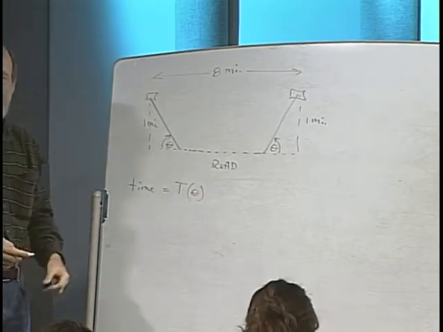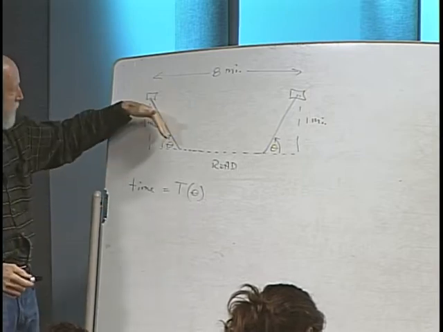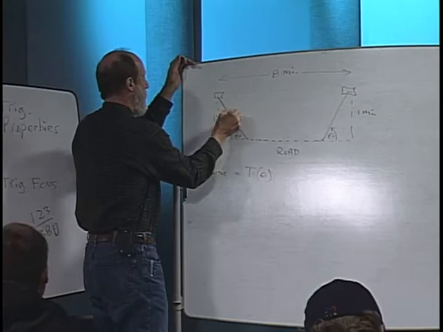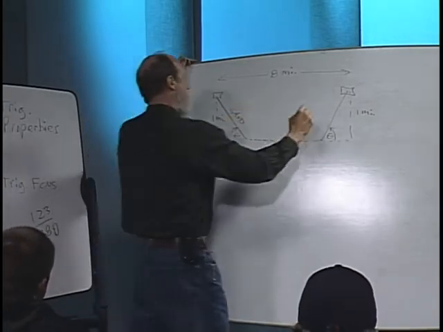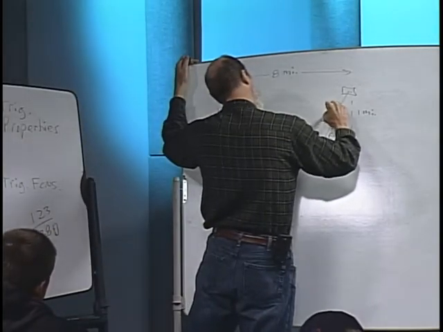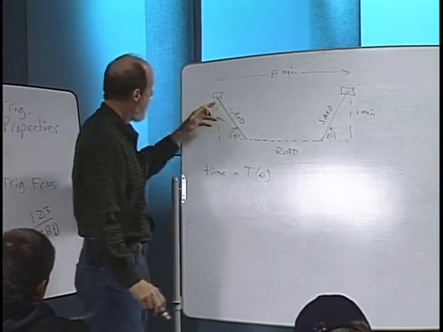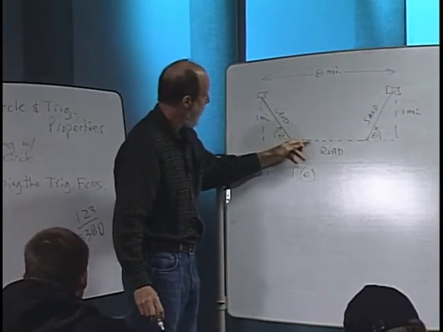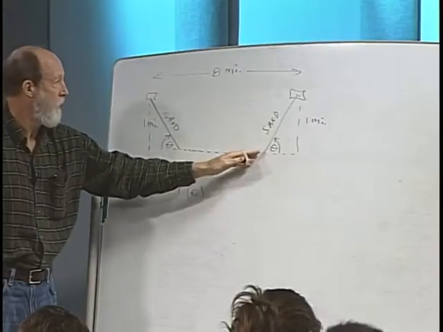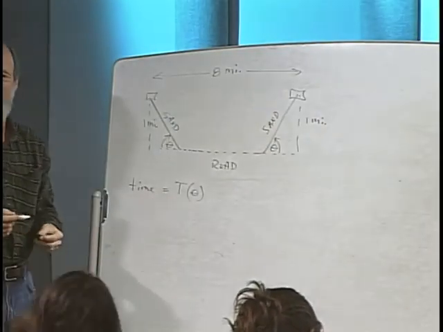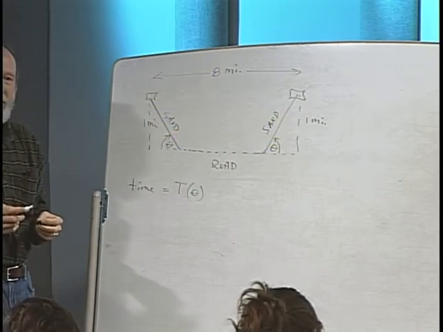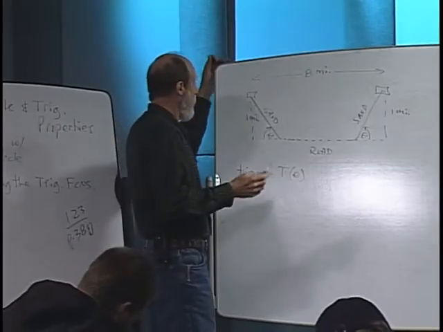That should make sense to you, depending on that angle that she runs at on the sand. This is sand. It's going to take her a certain amount of time to run this, and then she'll run this at a different rate, and then back on the sand again to finish the trip. Make sense? Okay. So, let's use what we've learned.